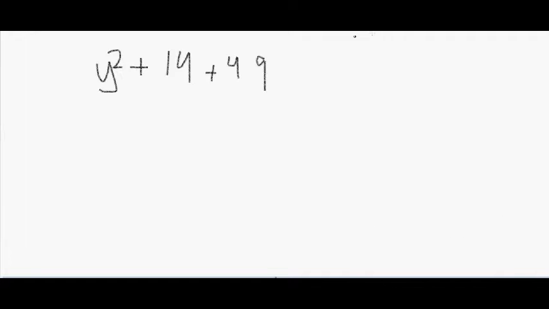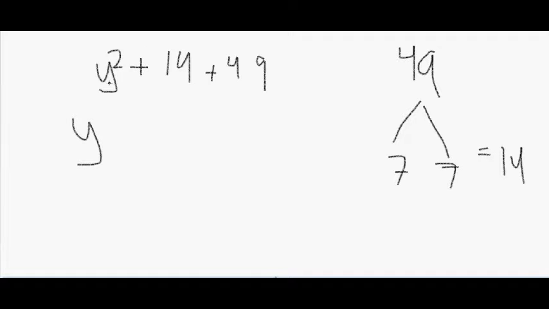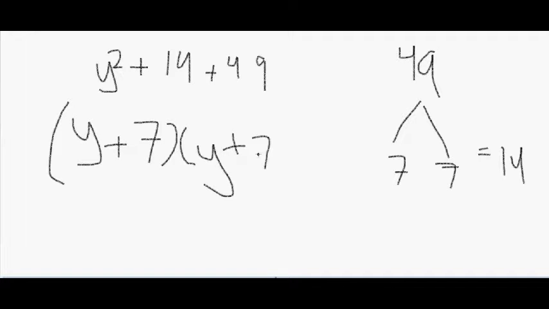I had to do this in my head, I'm sorry. So what we have to think is, what factors of 49 when added or subtracted give you 14? Well, factors of 7 and 7 equals 49, and 7 plus 7 equals 14. So we break the y squared in half. This becomes y plus 7, and this becomes y plus 7 again. Alright, so that's the answer.